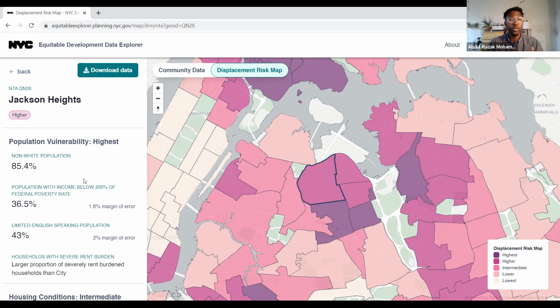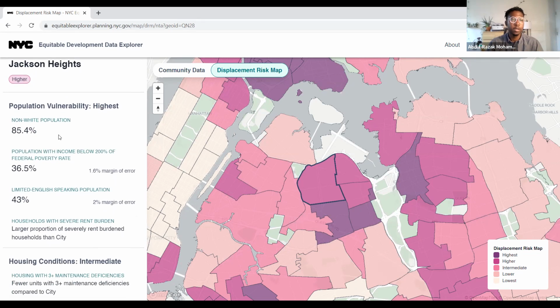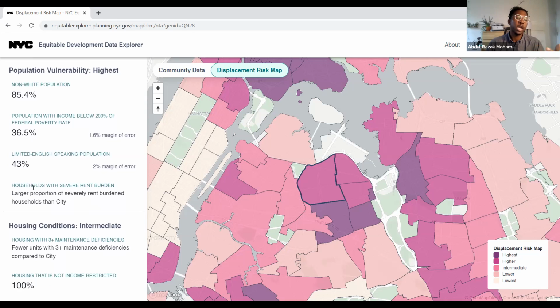The specific data points that they pick for this factor is the percentage of non-white population or population of color in a space, the population who is below about 200% of the federal poverty rate, income level wise, the limited English speaking population, which is a data point that we also saw within the EDDE's tool, and then the kind of comparison of households with severe rent burden when compared to the city.